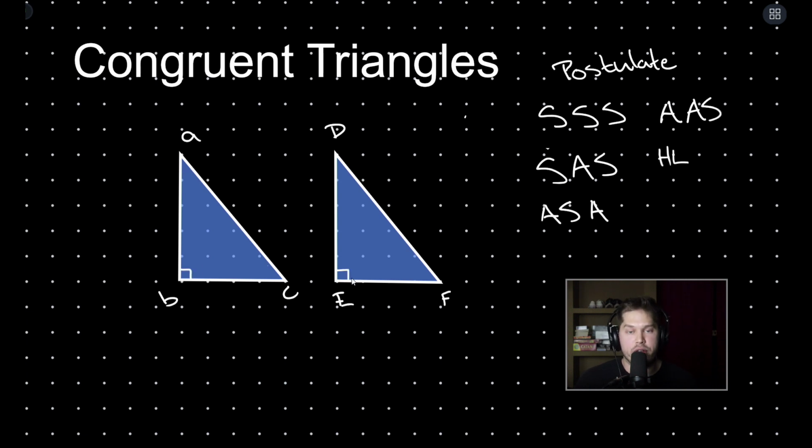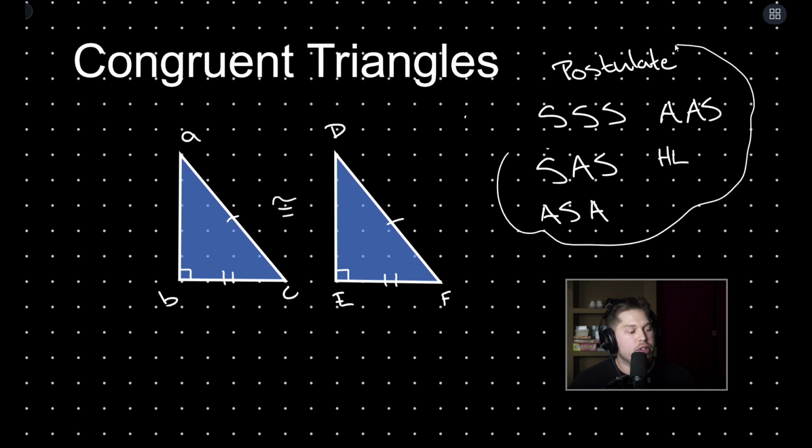And it's also a given that your hypotenuses are the same and one of the legs of the triangles are also the same. So if you have two sides and it's a right triangle, then that's the hypotenuse leg relationship, and that does imply that your triangles are congruent. So these 5 are the relationships to look for.